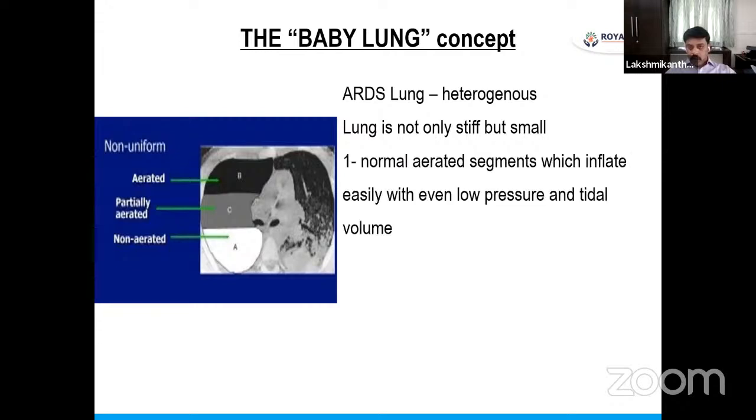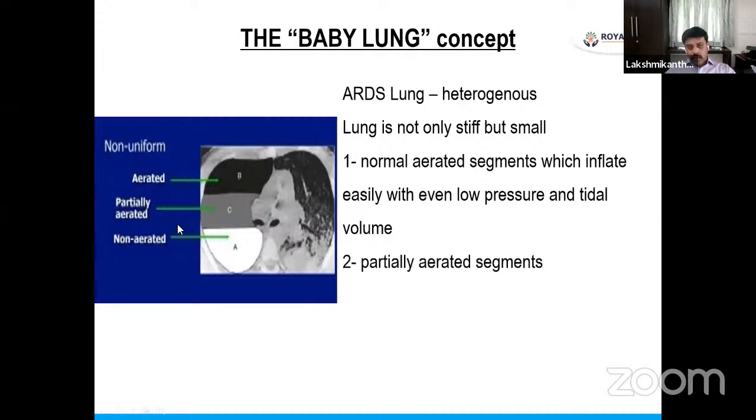The lung has a normal aerated segment which inflates easily, even with a low pressure and tidal volume. These are always called fast alveoli. They need very low pressure to open up, and they get aerated better.